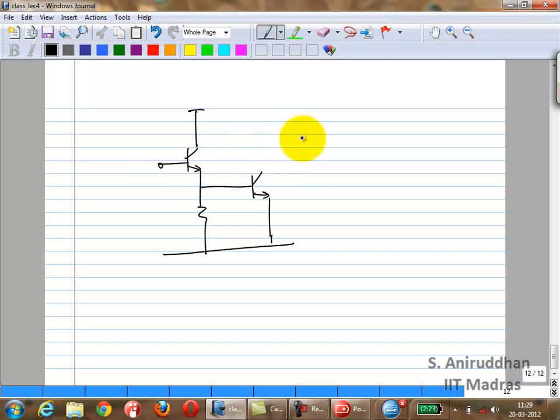What did we have in the second stage? We had some bias voltage there.